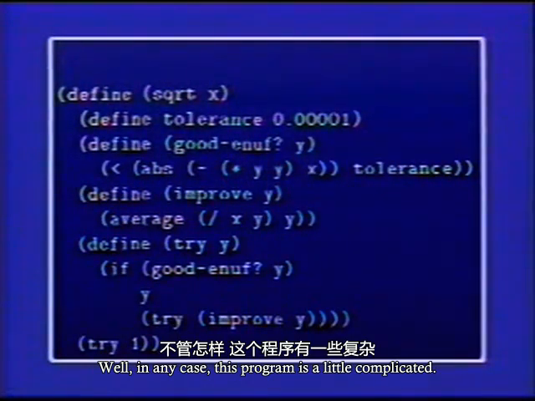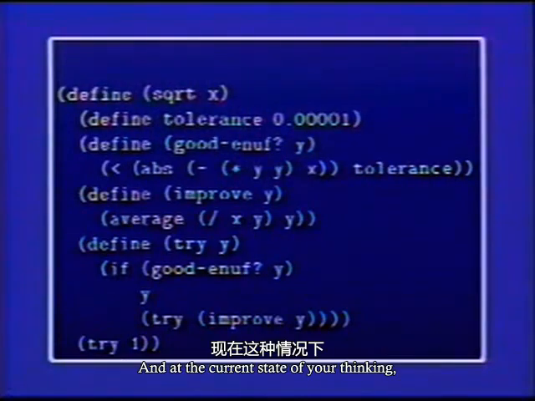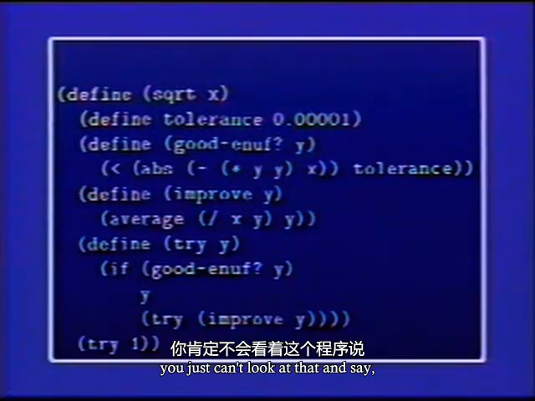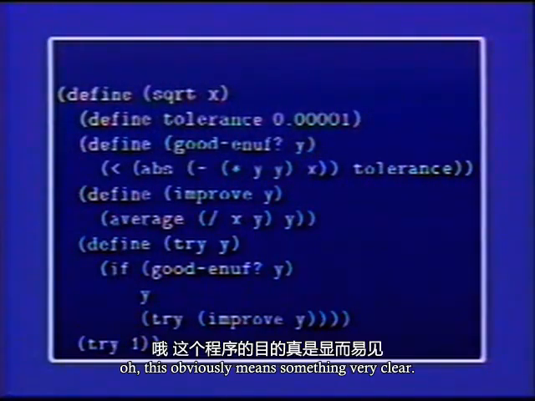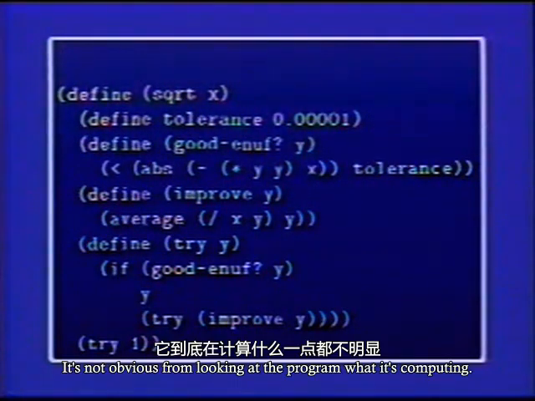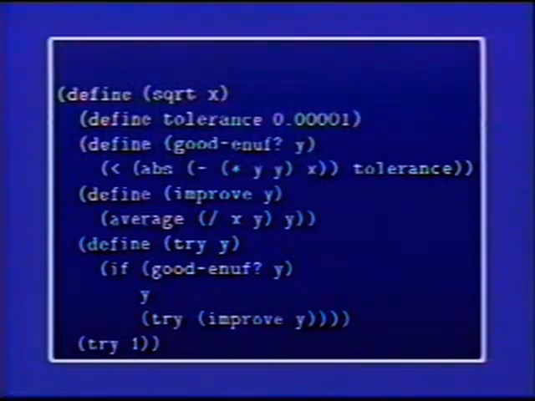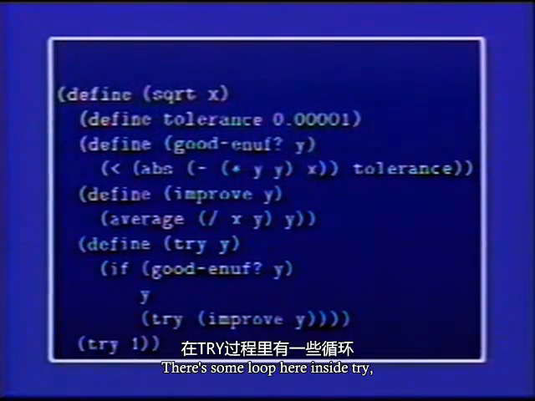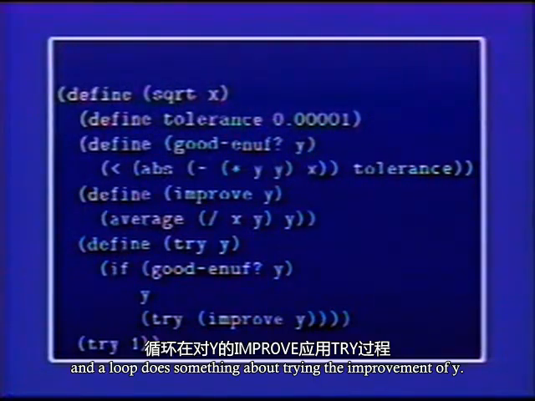In any case, this program is a little complicated. At the current state of your thinking, you just can't look at that and say, oh, this obviously means something very clear. It's not obvious from looking at the program what it's computing. There's some loop here inside try, and the loop does something about trying the improvement of y.